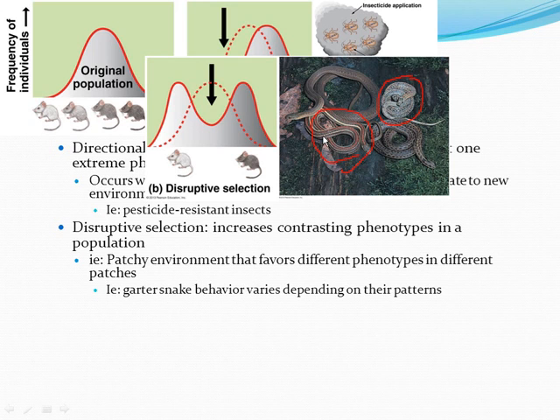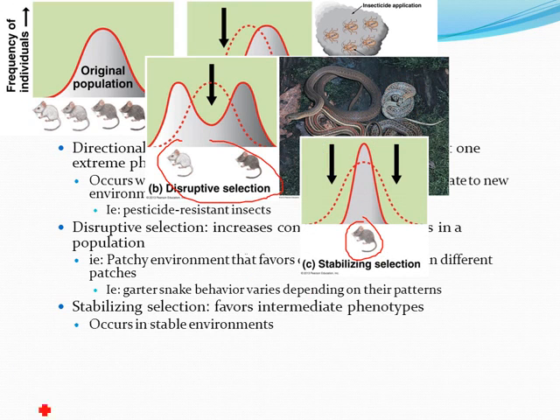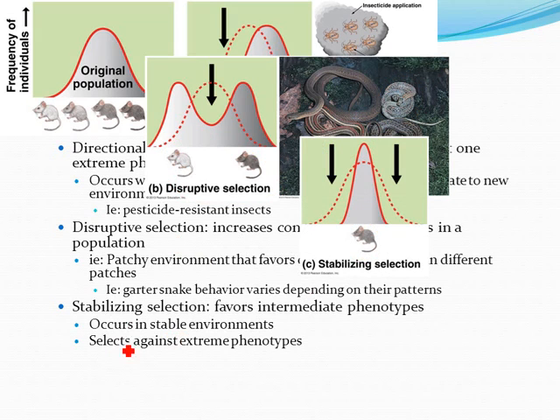Stabilizing selection favors the intermediate phenotype, so it's the antithesis of disruptive selection. This occurs usually in stable environments. It selects against the extreme phenotypes, so it's the opposite of disruptive selection. An example of this is baby weights, and this tends to occur most of the time.